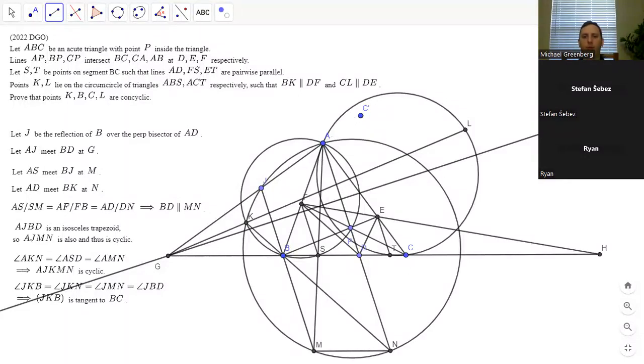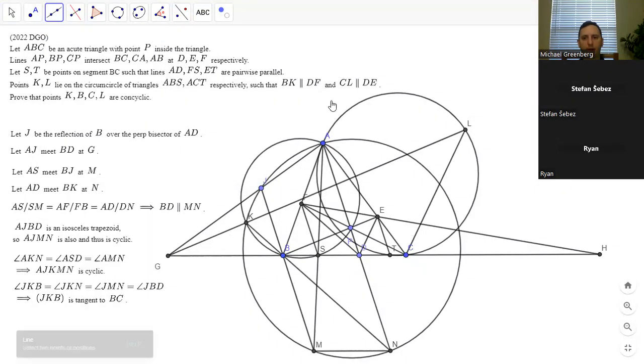Well, that doesn't do that much, really. Let's draw CL. And yeah, maybe we could even do Ryan's idea of letting these intersect at a point.